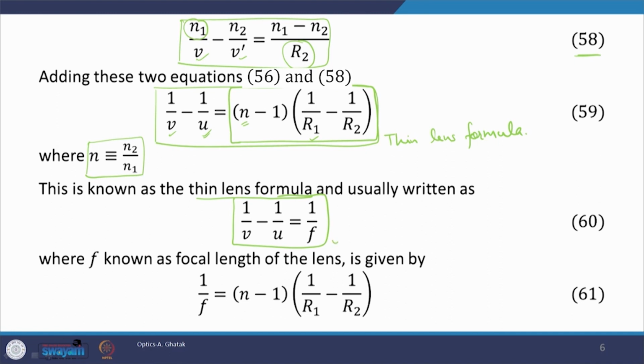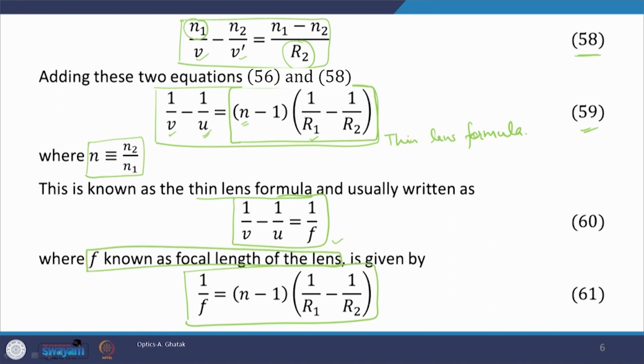This is our final formula, where 1 by f is expressed by equation 61, which is nothing but the right hand side of equation 59.